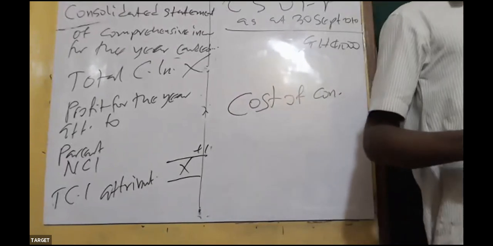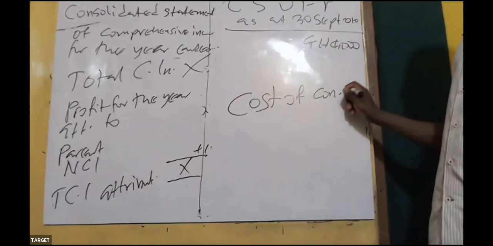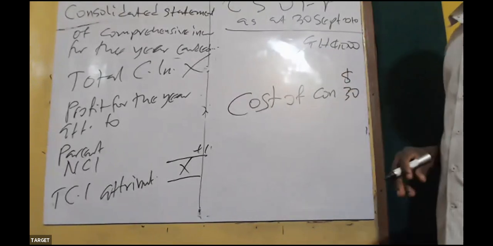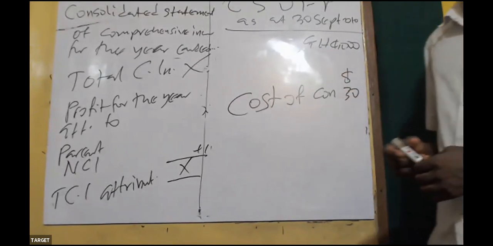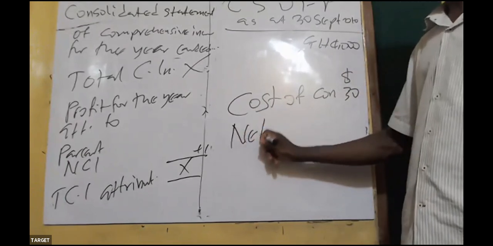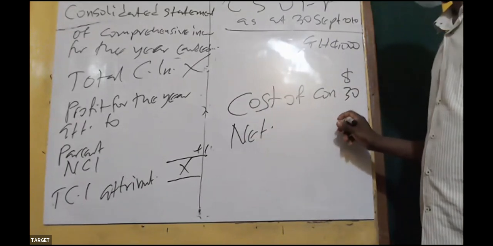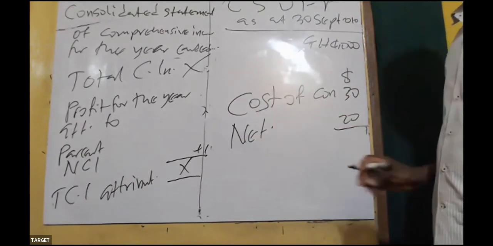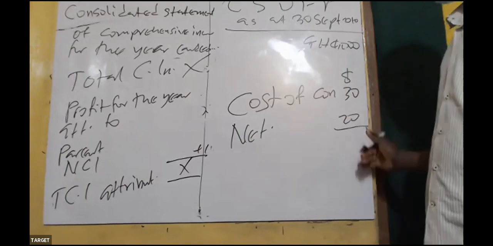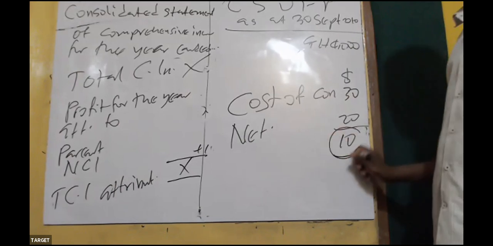Okay. Maybe it is $30. Cost of consideration is $30. The net asset of the subsidiary, let's assume, is $20. So the difference, let's assume this is 100% acquisition or 100% control, is 10. So this 10 is the goodwill.